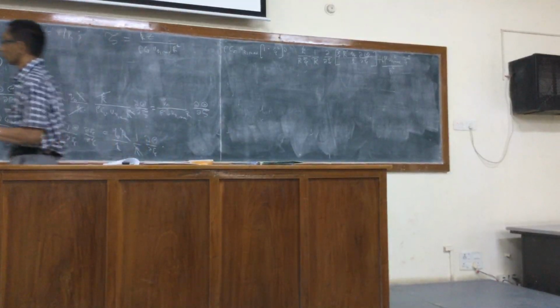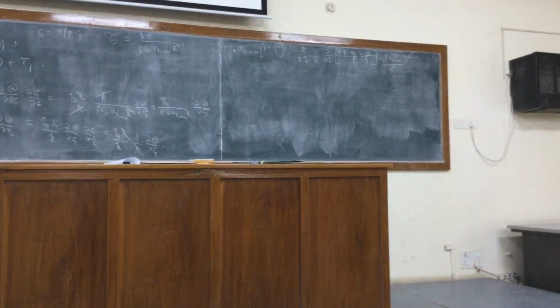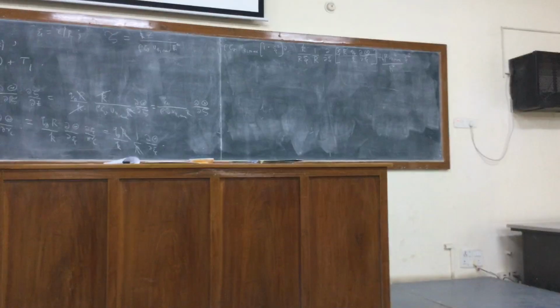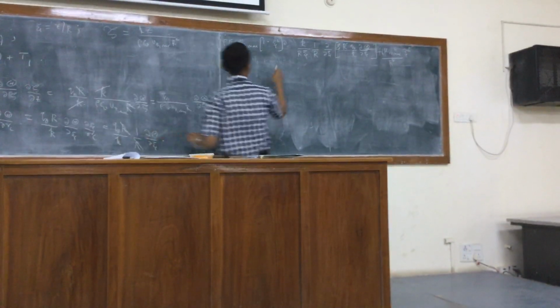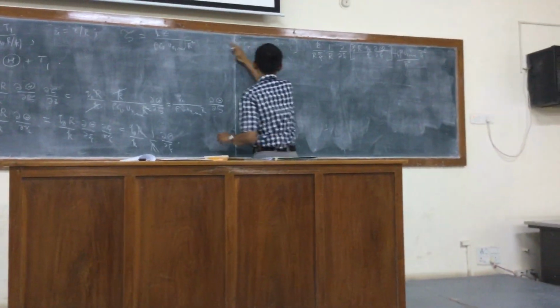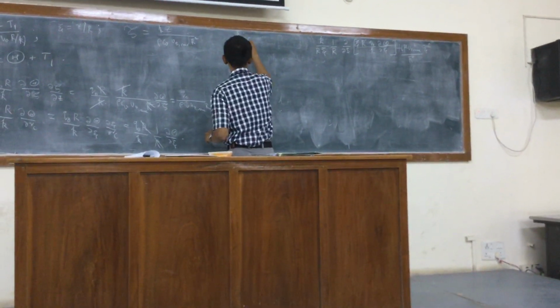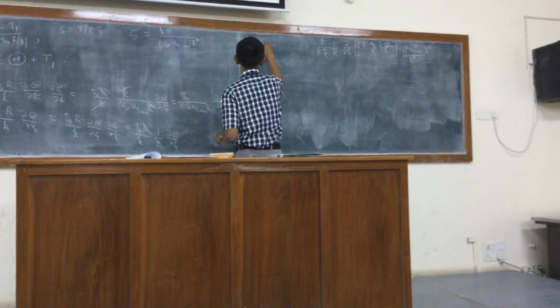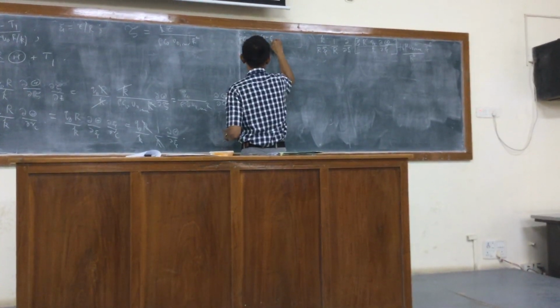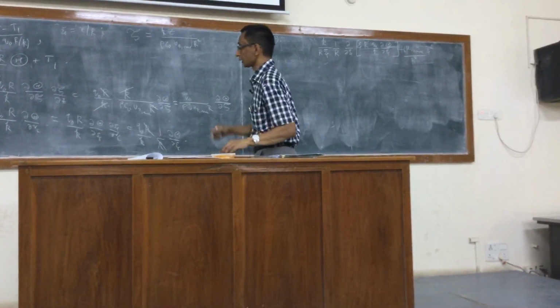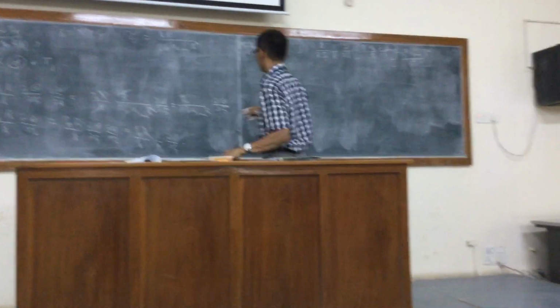dou T by dou z, that I have to get. So that will be q naught times, so I have this, and then I have dT by dz, which I have written.